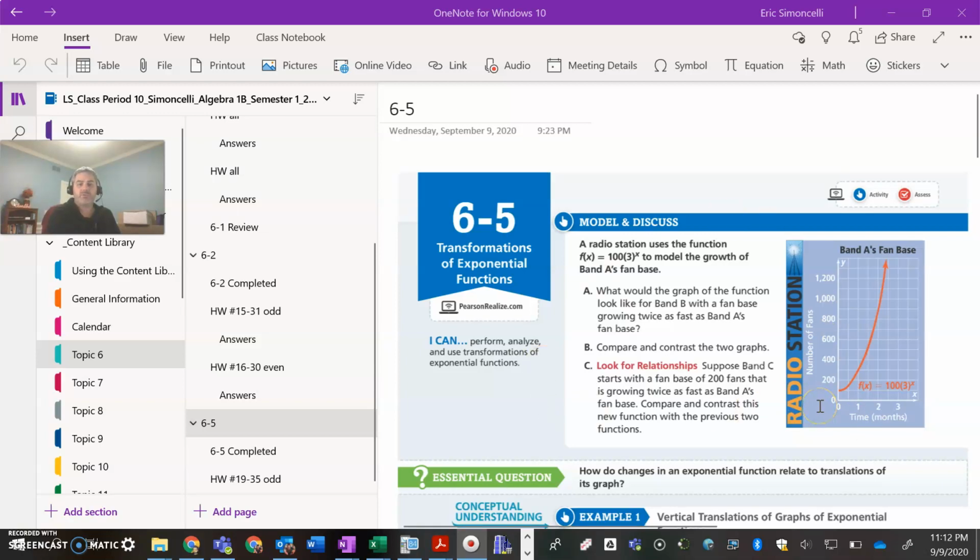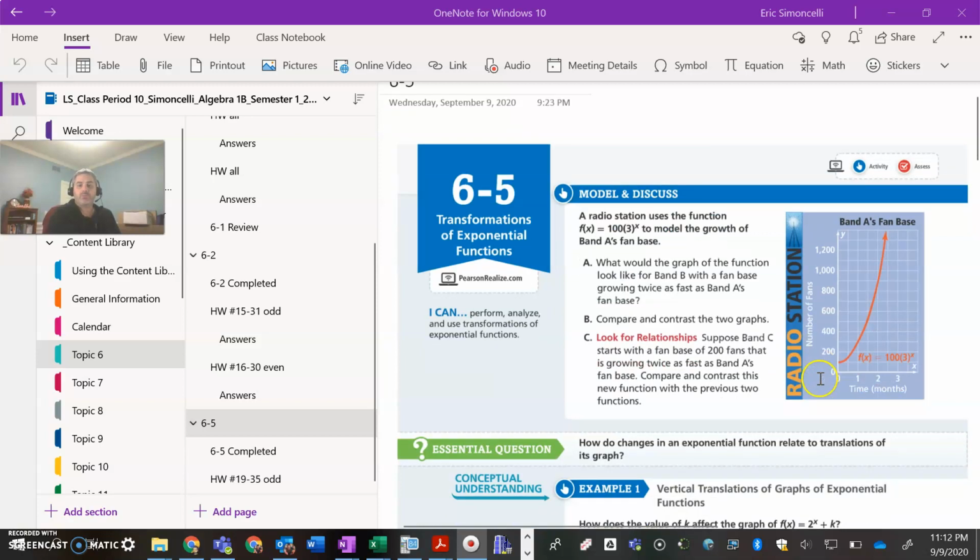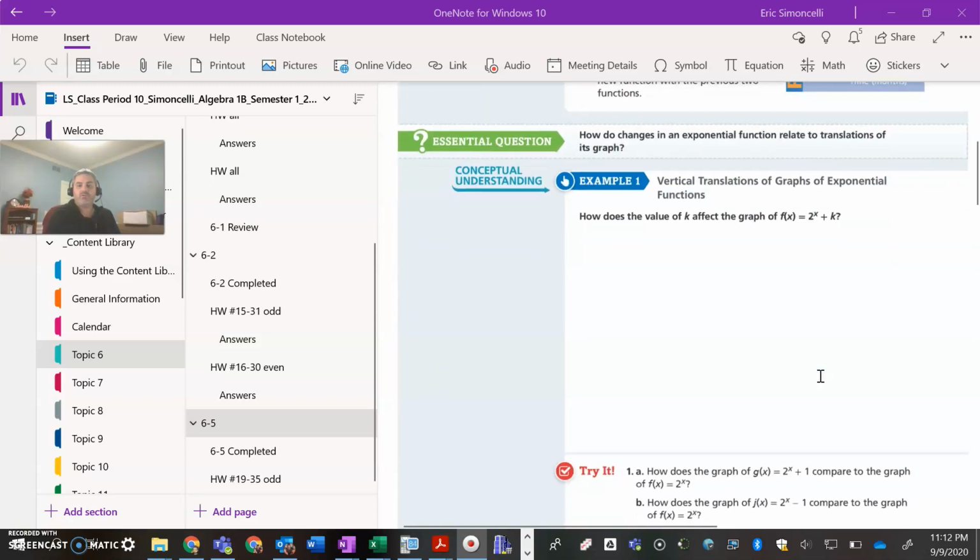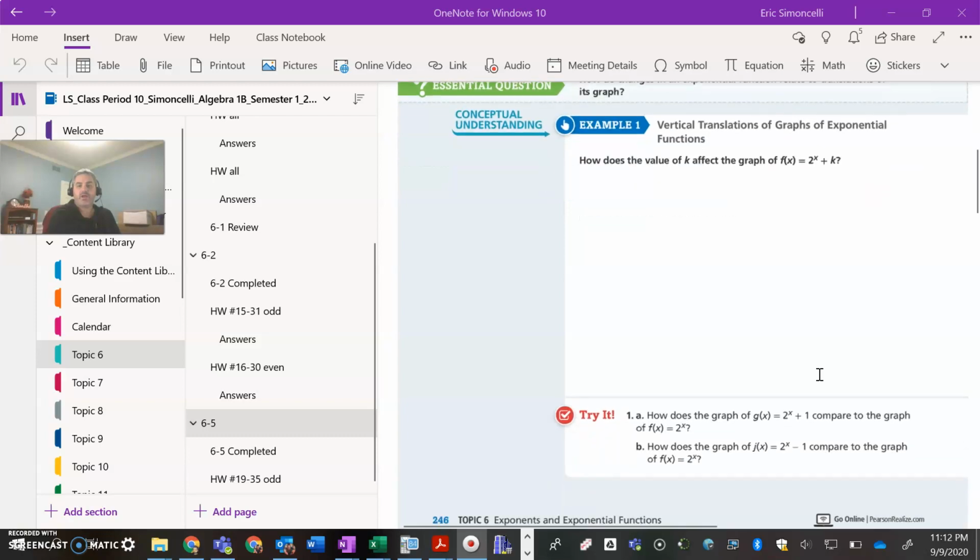where you'll be able to get these questions even more specifically addressed. So example 1, vertical translations of graphs of exponential functions. How does the value of k affect the graph of f of x equals 2 to the x plus k? This is clearly an exponential function.